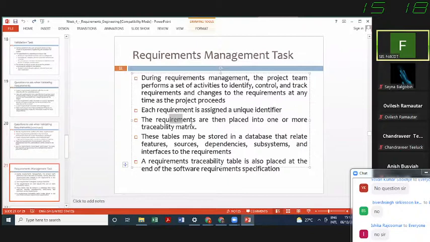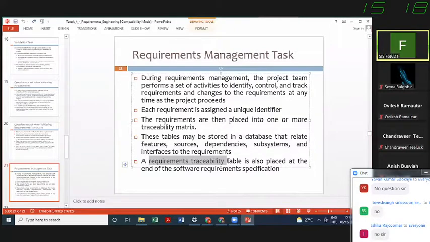The requirements are placed in what we call a traceability matrix. This traceability matrix is going to show, for example, where this requirement comes from. And we'll see in a while that we can have forward traceability and backward traceability as well. These tables may be stored in databases that relate features, source, dependencies, subsystems, and interfaces to the requirement.